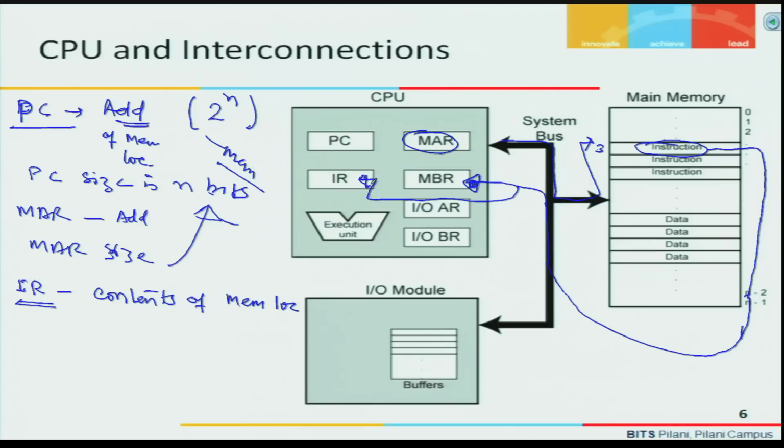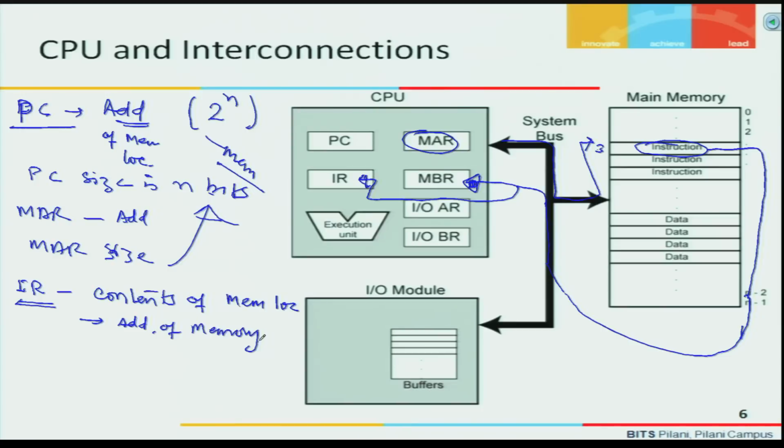It means the size of the IR should be equal to the addressability of the memory. Let us say the addressability of the memory is m bits, so IR is equal to the addressability of the memory, what each location contains. Here my assumption is that one instruction consumes only one location in the memory. An instruction is not longer than the size of one memory location.